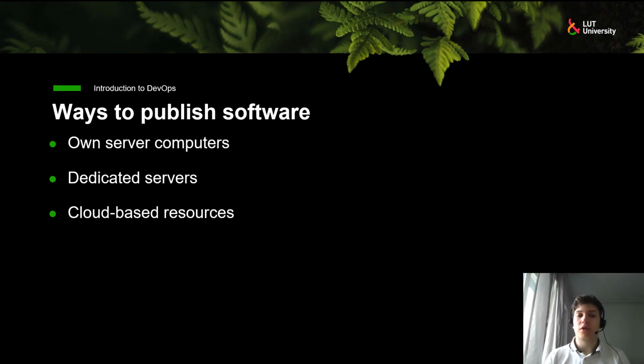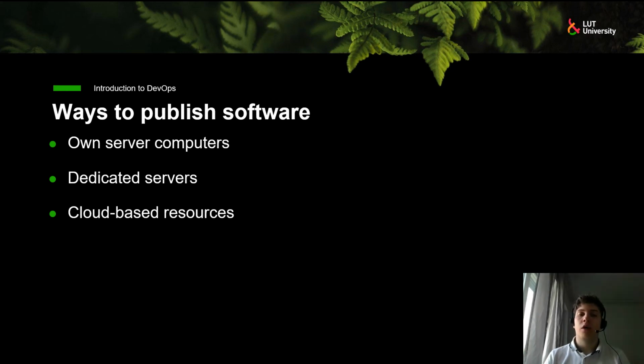However, now there is a third way to use and configure computing resources, and that is cloud computing. Cloud-based resources mean that the development team uses a cloud provider that is providing all kinds of computing resources like processing power, storage, and networking and things like that.